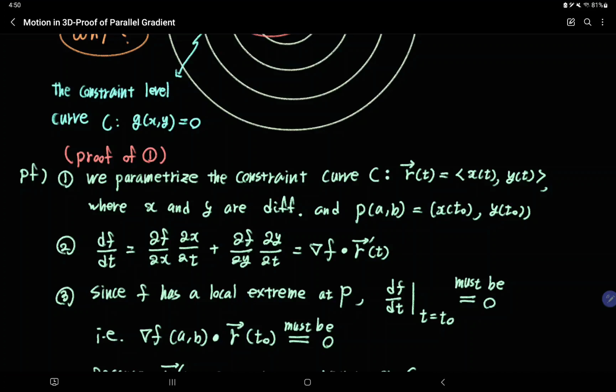Then we take the second step: we take the derivative of f with respect to t.